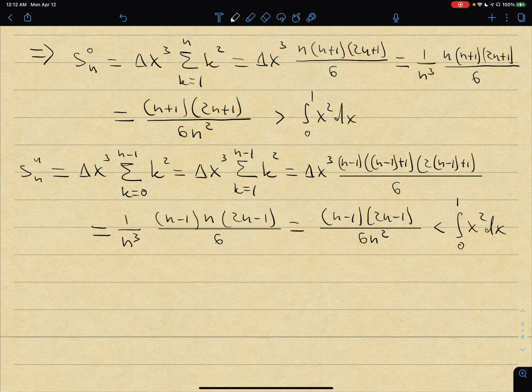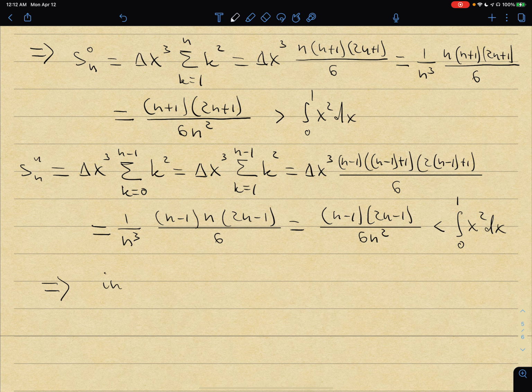Okay, so then if I take the infimum over all possible partitions of my interval from 0 to 1 of the overestimations using any number of intervals, n, p, whatever.